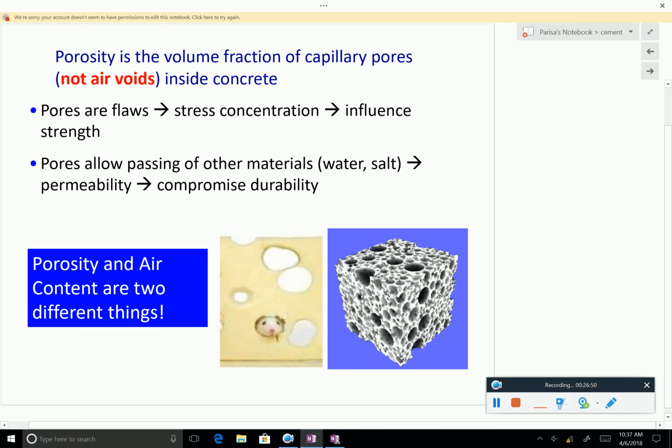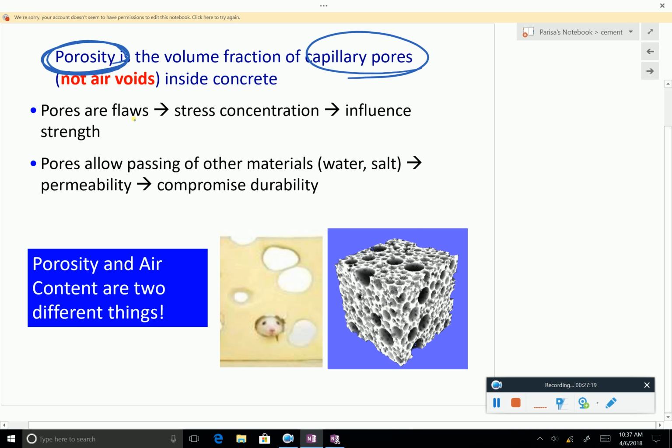It's very important to realize that when we talk about porosity, we are pretty much looking at capillary voids. We are not looking at large entrapped voids, because these capillary voids are the ones which have the most effect on concrete properties.